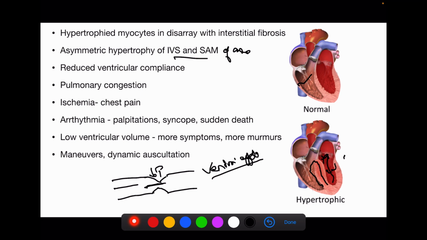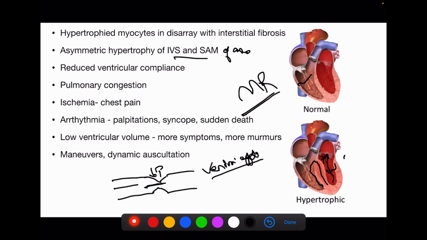So there is an opening there. So there is a chance for blood to go from the left ventricle into the left atrium during systole. So what do you call this? That is mitral regurgitation. So patients with hypertrophic cardiomyopathy, along with SAM, systolic anterior motion, can also develop mitral regurgitation. And mitral regurgitation over a long period of time can cause pressure which is transmitted back.